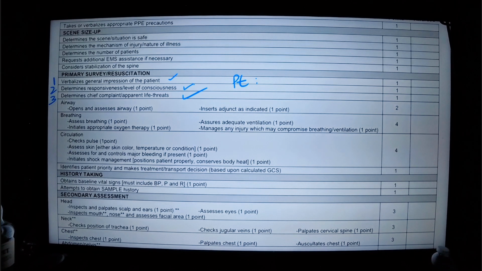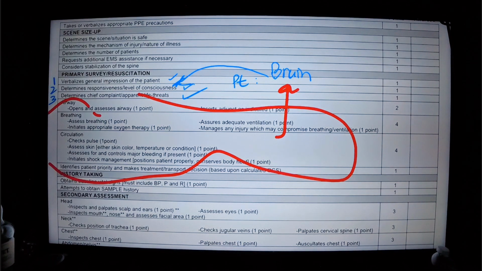If the brain is touched by trauma or medically by illness, then everything else will be affected, because all these centers are in the brain. And that's what we're checking when it comes to this. We're checking the brain. It's a neuro check, right?